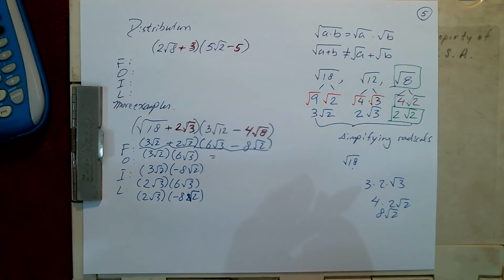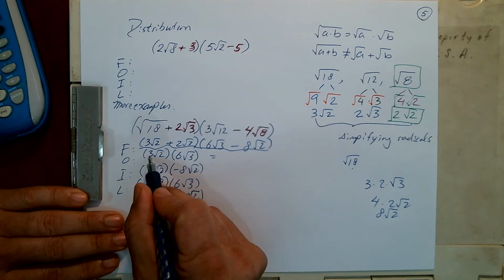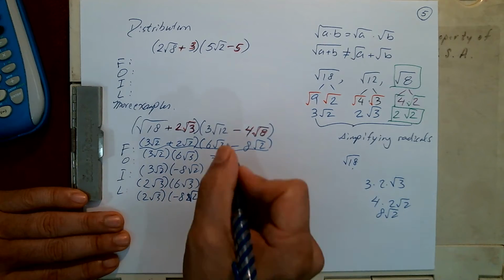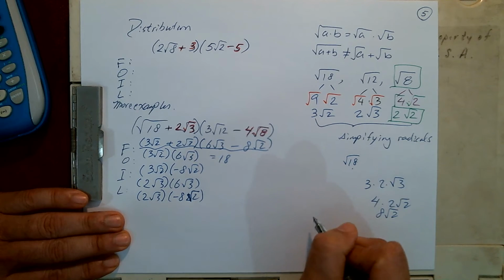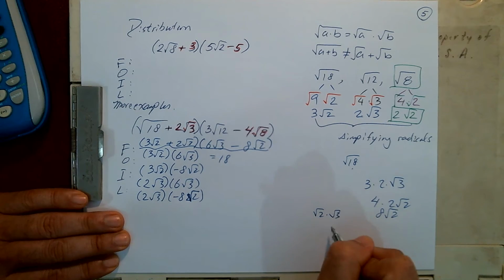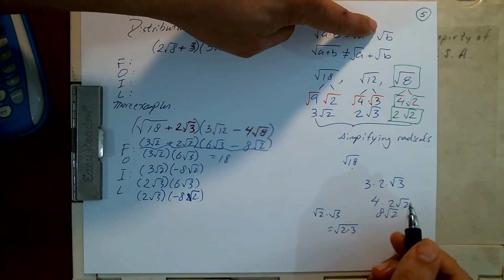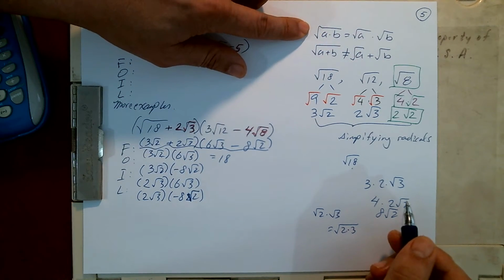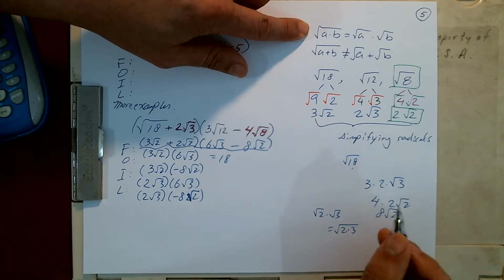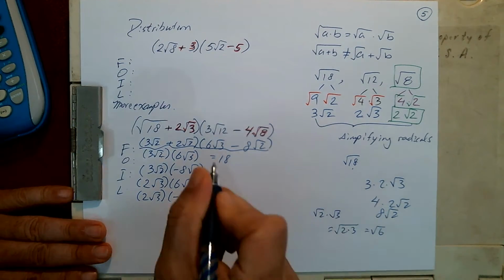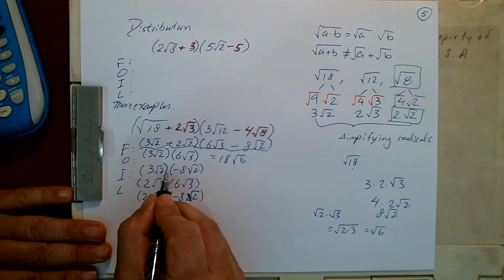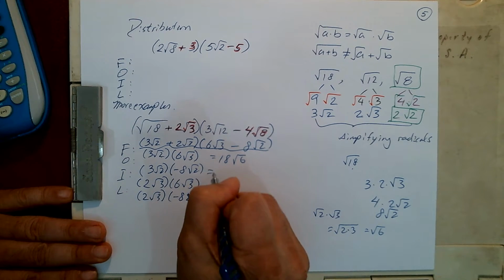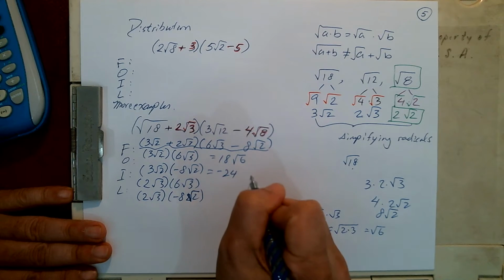Okay, so what do you get? 3 times 6 is 18. Root 2 times root 3 equals root 2 times 3. Remember, if it's this way, you can go backwards to one single radical, which is root 6. I multiply these two. That's going to be 3 times negative 8 is negative 24.